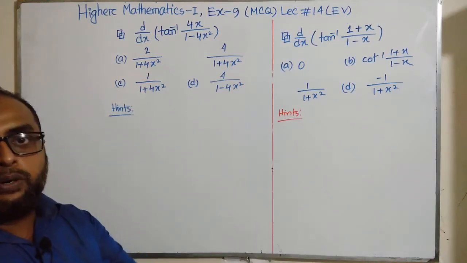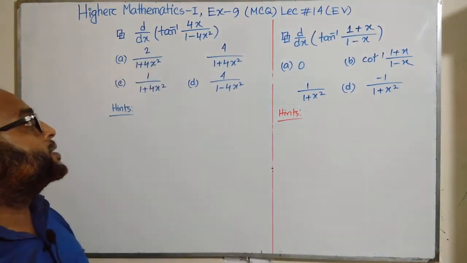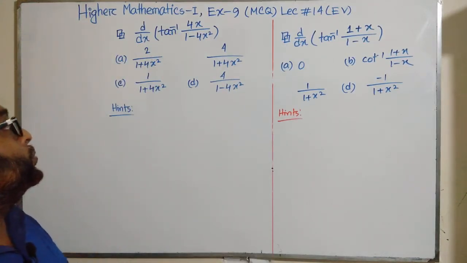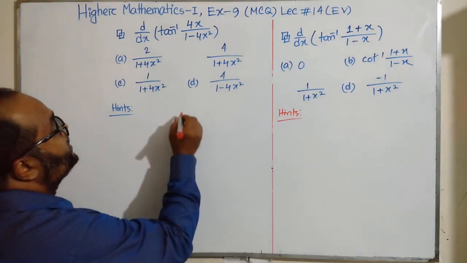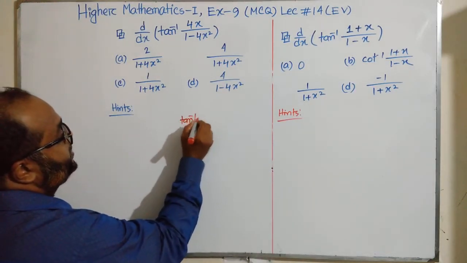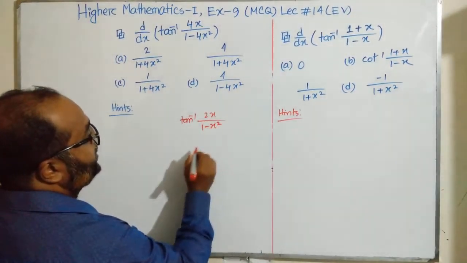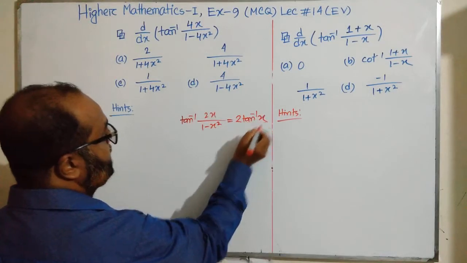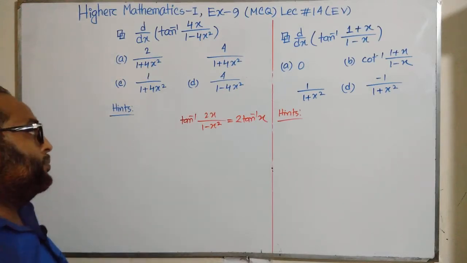My dear students, our next problem is d/dx of tan inverse of 4x divided by (1 minus 4x square). To do this maths, you have to know the formula of trigonometry. This is tan inverse of 2x divided by (1 minus x square), this equals 2 tan inverse x. Also, you have to know more important formulas.